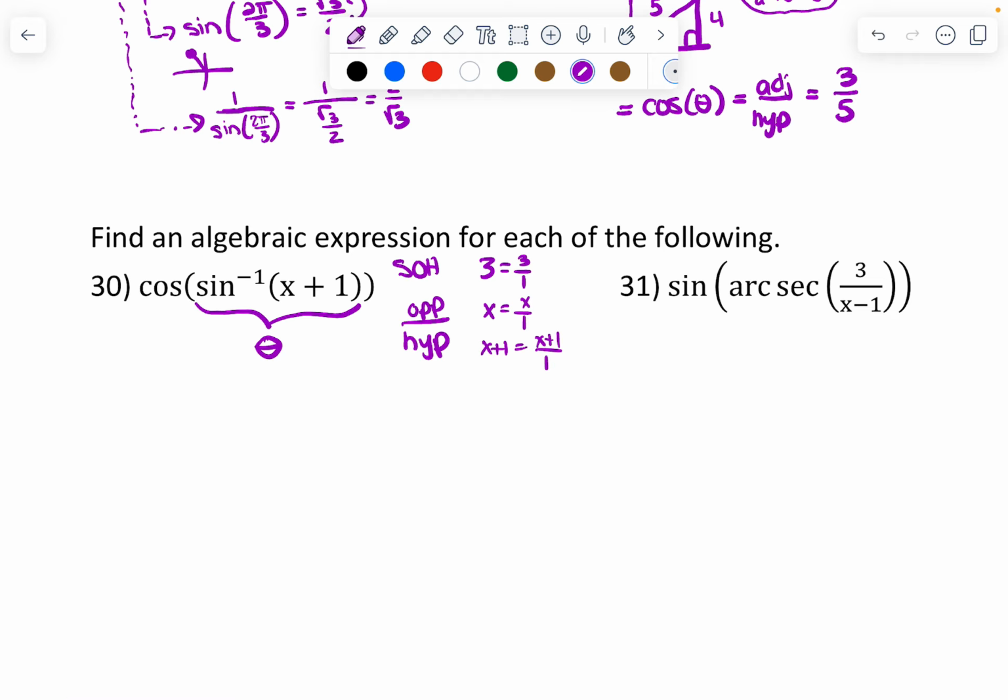So any value that is not in fraction form can be written as over 1, which is going to expose what your hypotenuse is. And that's what's happening here. For this particular one, we have x plus 1, which looks like the only thing in there, when in reality, our opposite side is x plus 1. Our hypotenuse is 1.